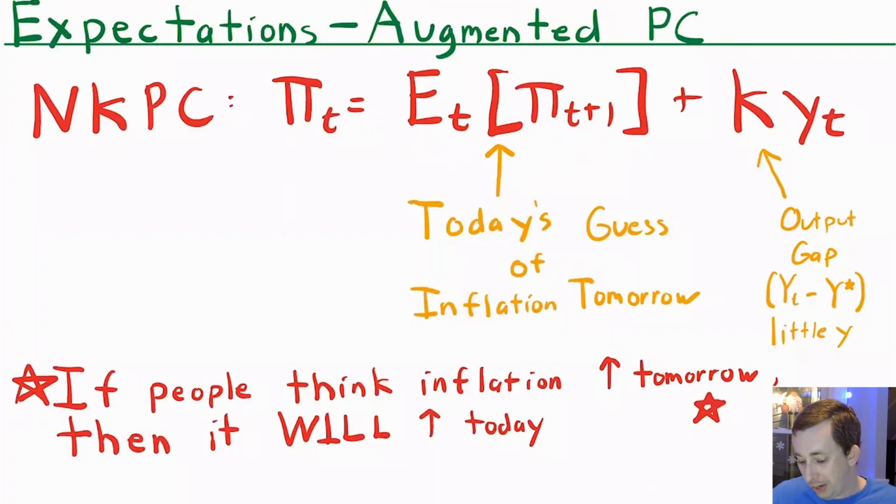This would say, okay, if people today think inflation tomorrow will be higher, then inflation today will be higher, rather than saying inflation tomorrow will be higher. So the old Keynesian Phillips curve would tell you that if I expect inflation to be high tomorrow, that should impact inflation tomorrow. New Keynesians think that if you expect inflation to be higher tomorrow, inflation today will be higher because of those expectations. So that's the main difference between the old Keynesian and new Keynesian Phillips curve.